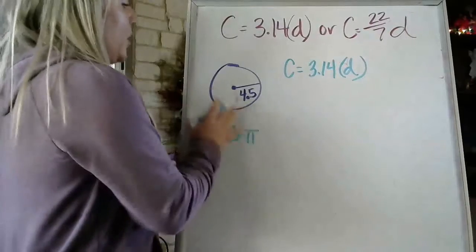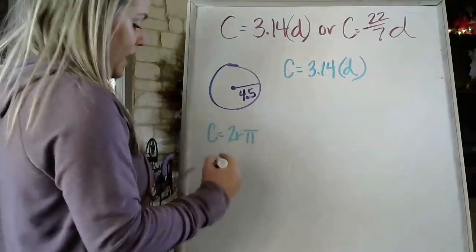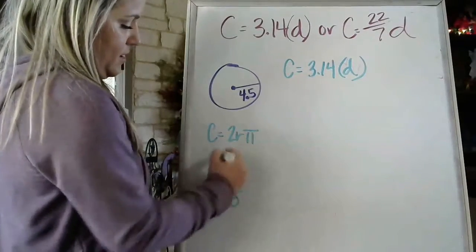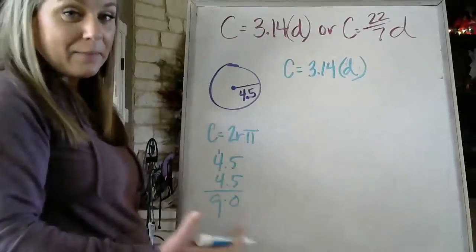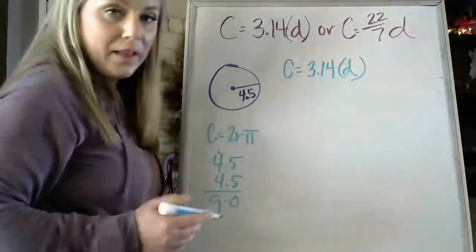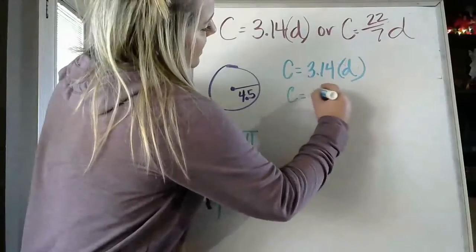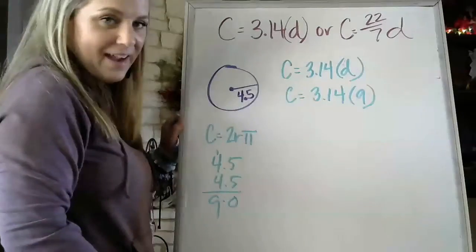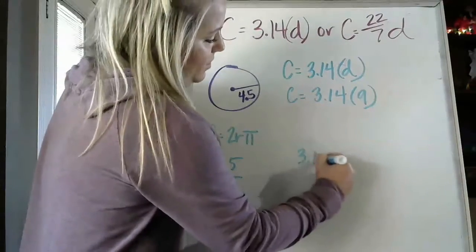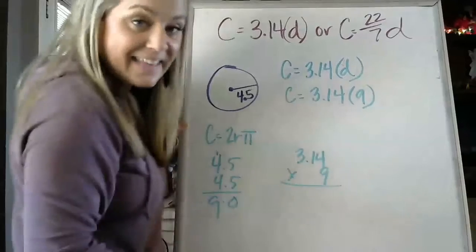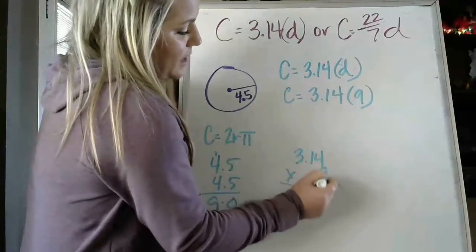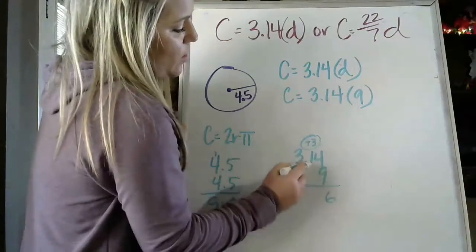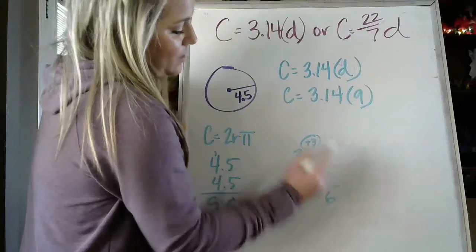All right, so 2 times my radius, which I can do in my head, 4.5 and 4.5 is 9. So my diameter now is 9. So I'm just going to plug it in right here. Circumference equals 3.14 times 9. All right, so I'm just going to come down here. And we have to round to the nearest tenth again, just in case. 4 times 9 is 36. The 6 can stay, but the 3 has to go. 1 times 9 is 9, plus 3 is 12.